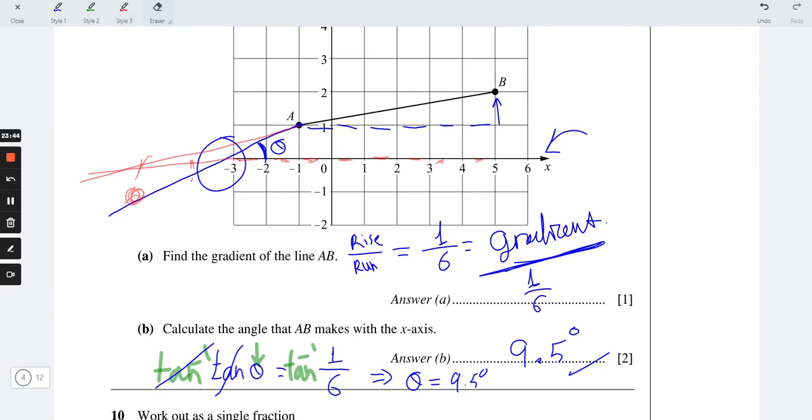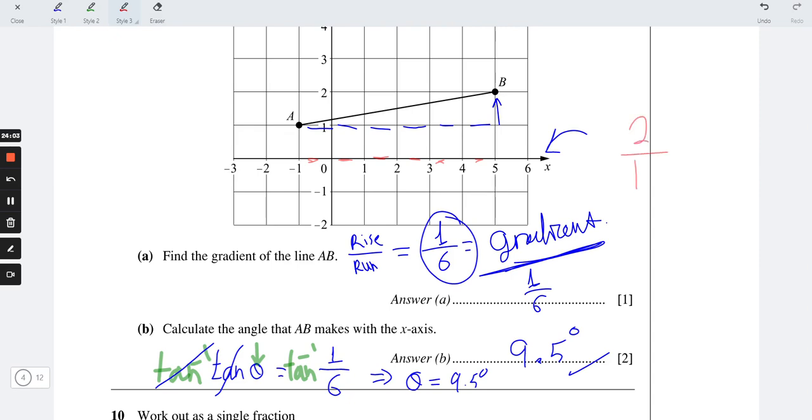To get the same gradient, we needed to have 2 over 12, and 2 over 12 you will get 1 over 6.